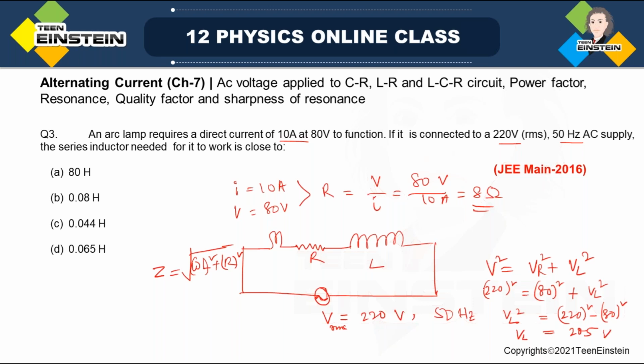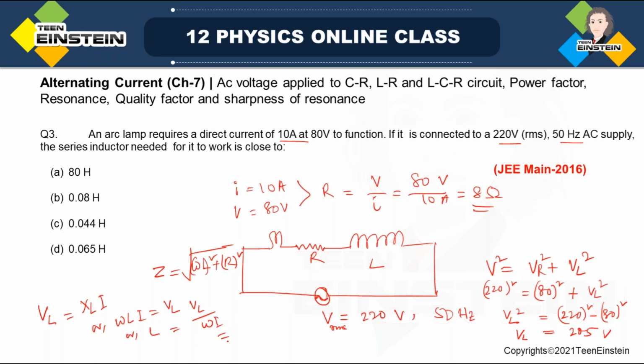And now you know VL means XL into I. XL means omega into L, so omega L into I is equal to VL, or L is equal to VL by (omega into I).